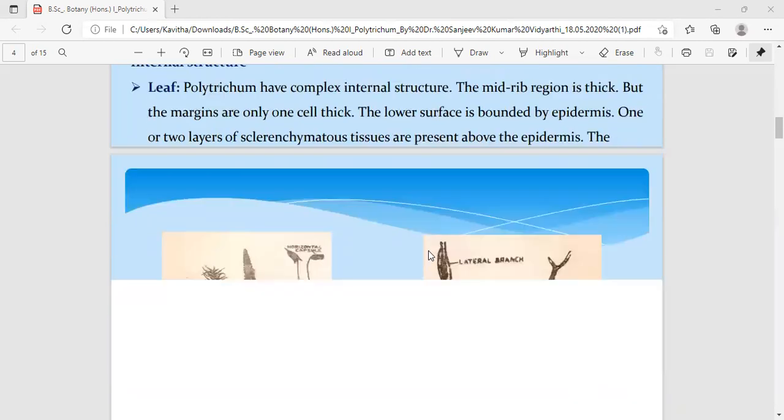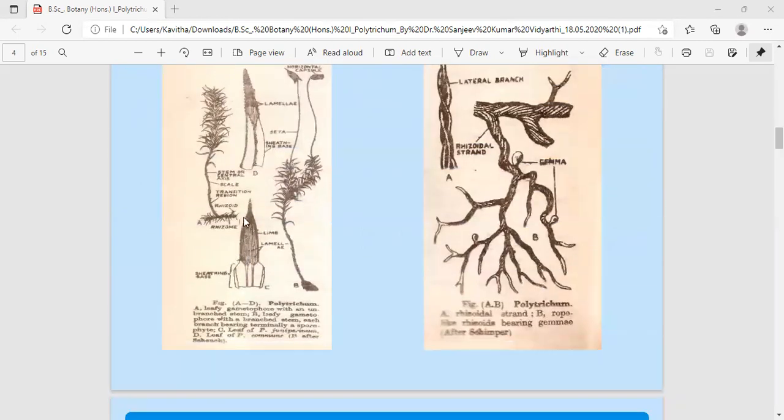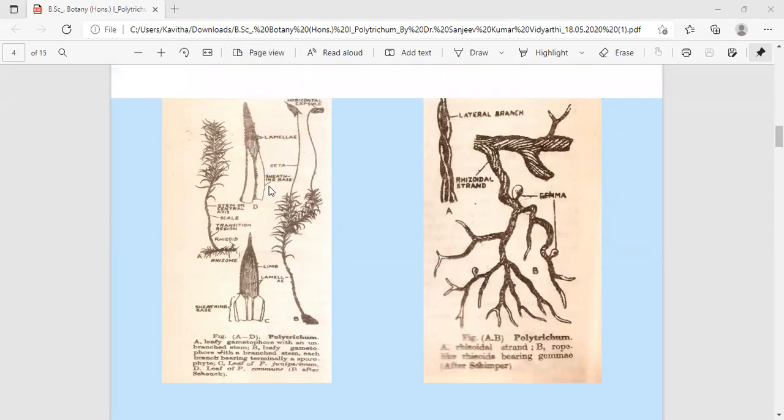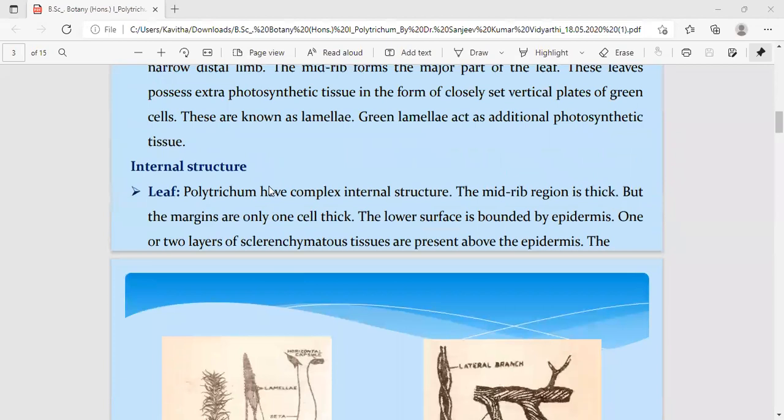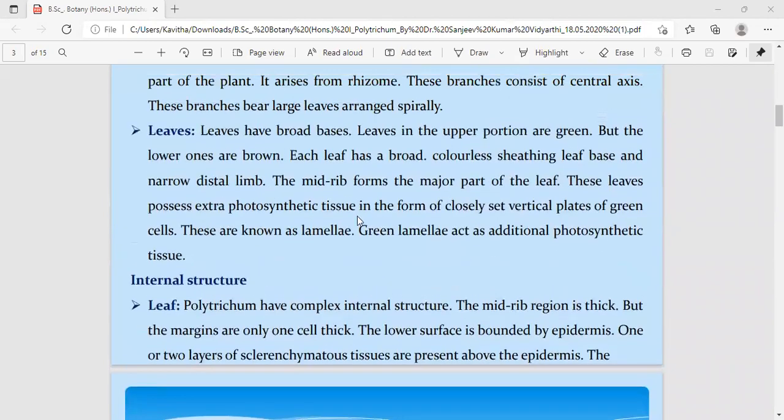So you can see here when I show you the structure of the leaf. So this is the leaf. This is the broad base and this is the upper part of the leaf, which is photosynthetic in origin. The upper part is going to consist of a midrib, and these leaves possess photosynthetic tissue performing the photosynthesis.